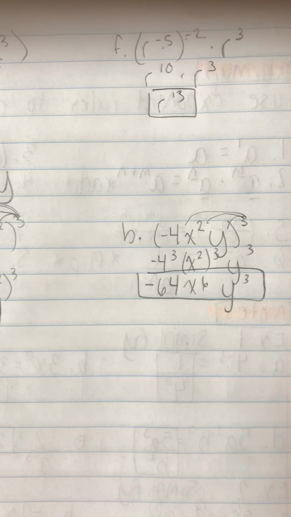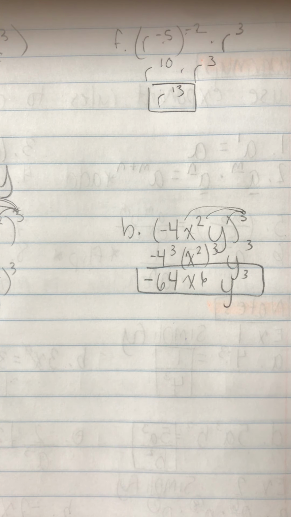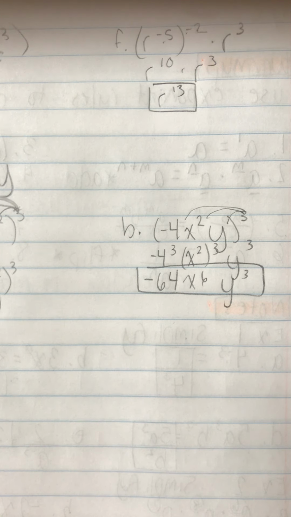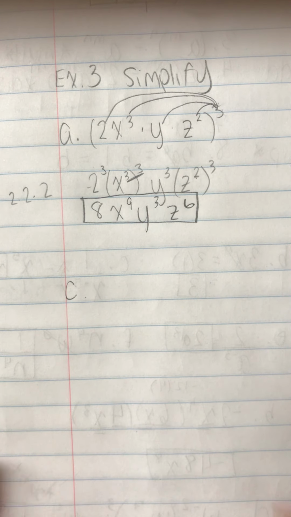You distributed, then you multiplied. -4 to the third power is -64. 2 times 3 is 6, and nothing to do with the y's. Moving on to letter C.